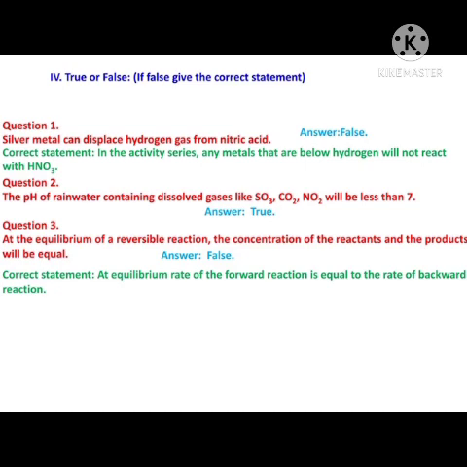So at the equilibrium of the reversible reaction, it does not depend upon the concentration of reactant and product. It depends upon the rate of the forward reaction and the rate of the backward reaction. Therefore, the correct statement is at equilibrium, the rate of the forward reaction is equal to the rate of the backward reaction.